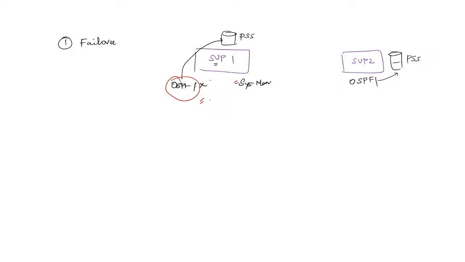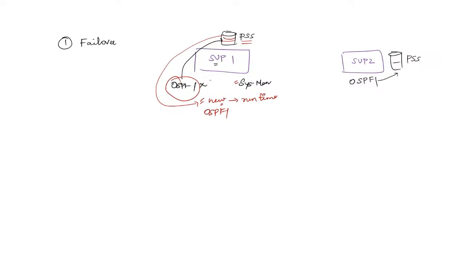Therefore, the new process will look for existing runtime information, which will be on the storage service, like a small database. The new OSPF process will take that runtime configuration, the state information, and will become the same OSPF1 again, if everything is okay with the PSS.